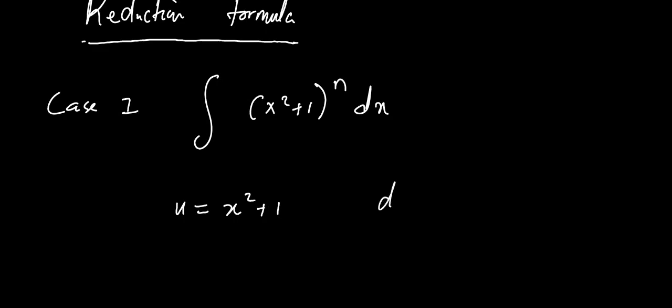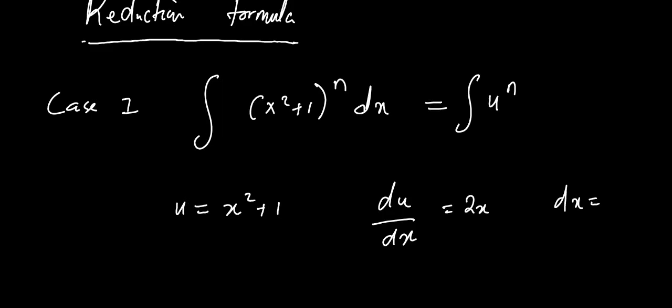Then you're going to have du/dx is equal to 2x. This then becomes u to the power n, and from here you're already familiar with how we make dx the subject. This is 2x, so this is just going to be du over 2x.